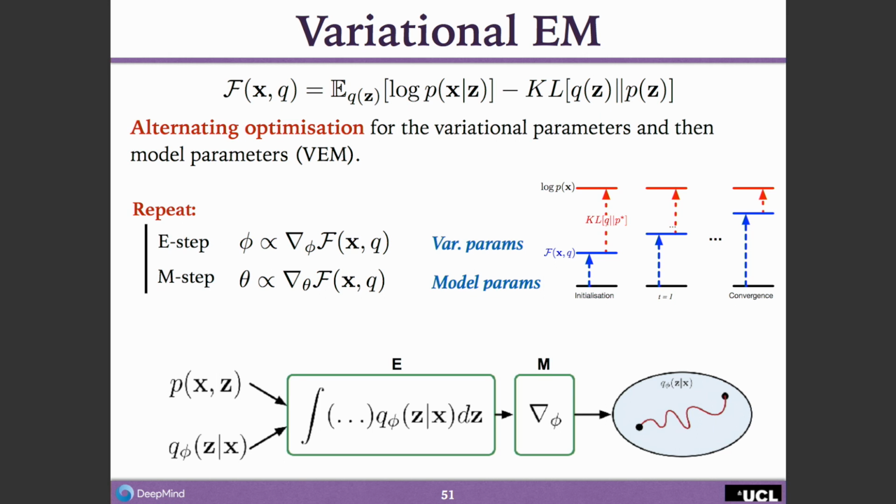The E step is about expectation, and the expectation you want is about the Q distribution, so these are the parameters of the Q distribution. Then you come to the M step, which does the optimization with respect to the model parameters theta. And because this is a bound, like any EM algorithm, every time you do one setting of updating theta and phi, you improve the bound until you reach a point where you can't do that anymore.